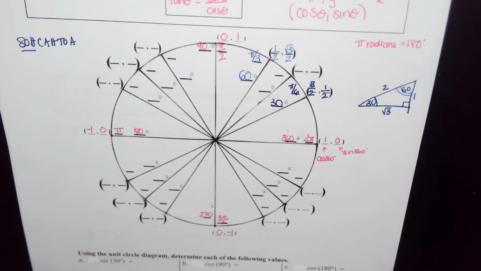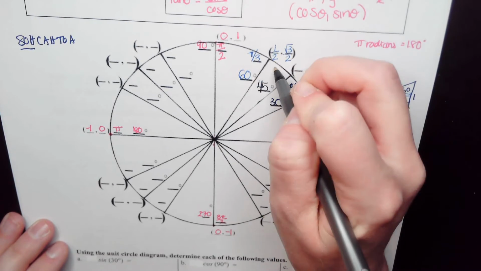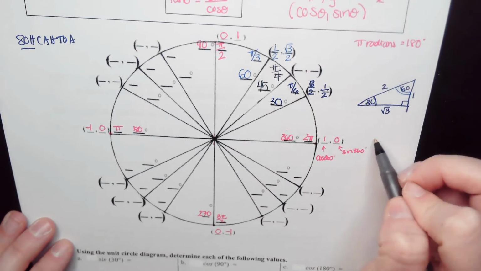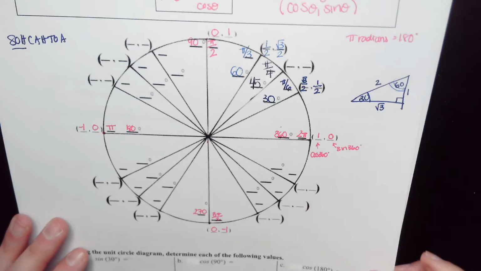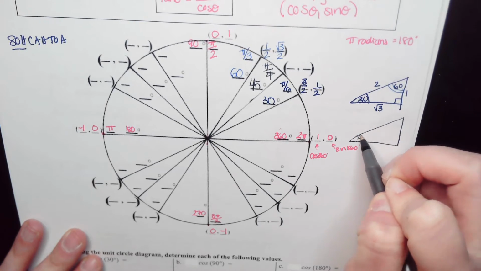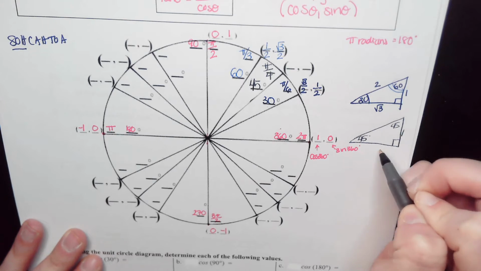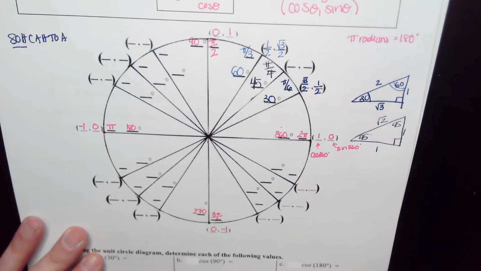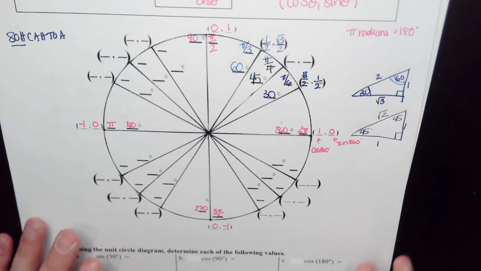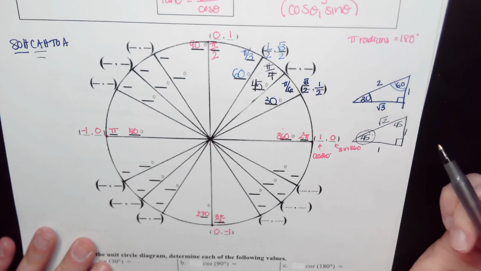The last one in quadrant 1 is 45 degrees. I'll do that in black. And that's pi divided by 4. For that one, we're going to use a 45, 45, 90 triangle since it has a 45-degree angle in it. Label that. Again, that should be memorized as 1, 1, radical 2. And again, we want cosine to come first. So cosine is adjacent over hypotenuse. It doesn't matter which 45-degree angle we look at.